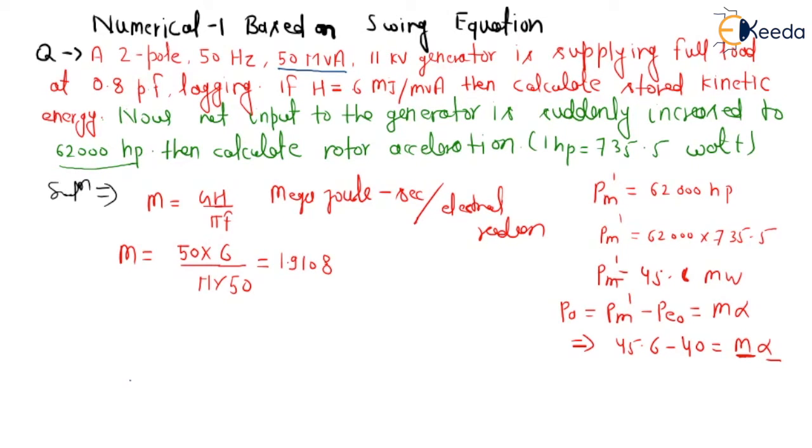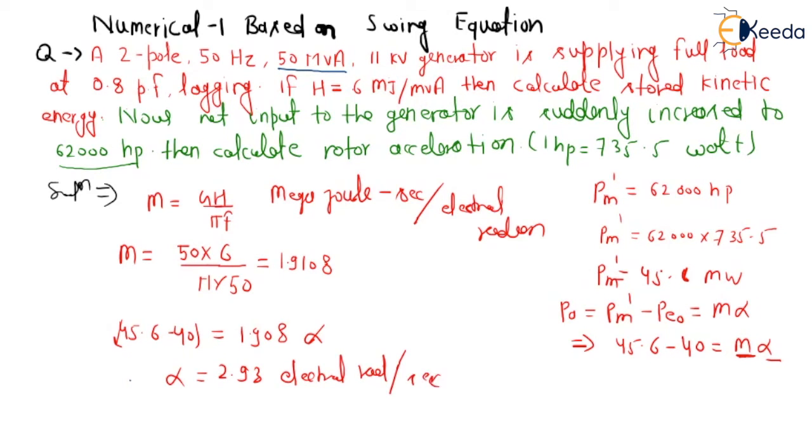And to calculate the value of alpha, we can directly write the values in megawatt: 45.6 minus 40 megawatt is equal to M, in megajoule, 1.9108 into alpha. So alpha we can get exactly 2.93 electrical radian per second square. So this is your alpha.